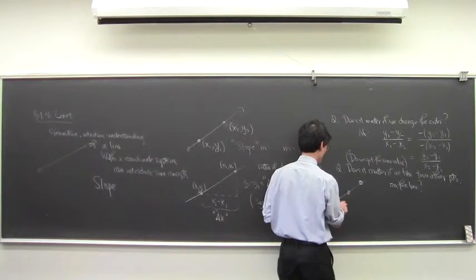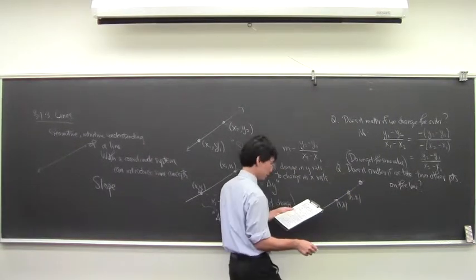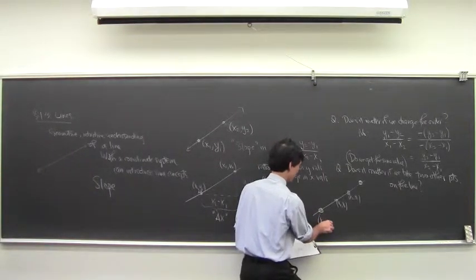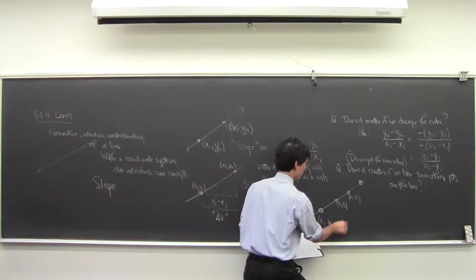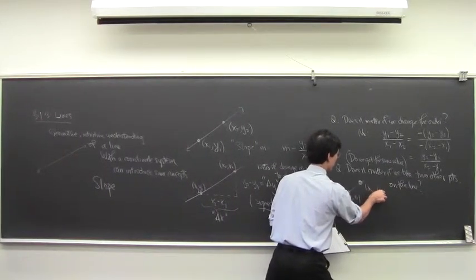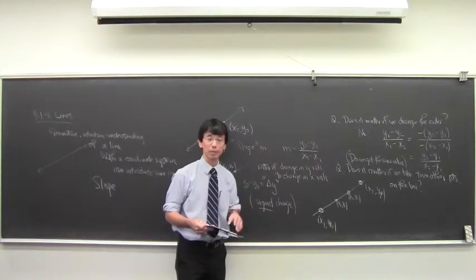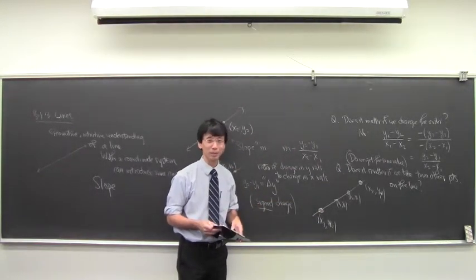Okay, so here's x1, y1, x2, y2. Let's call this thing x3, y3, x4, y4. So you're saying the ratios are going to be the same. Why are the ratios going to be the same? Think for 10 seconds.